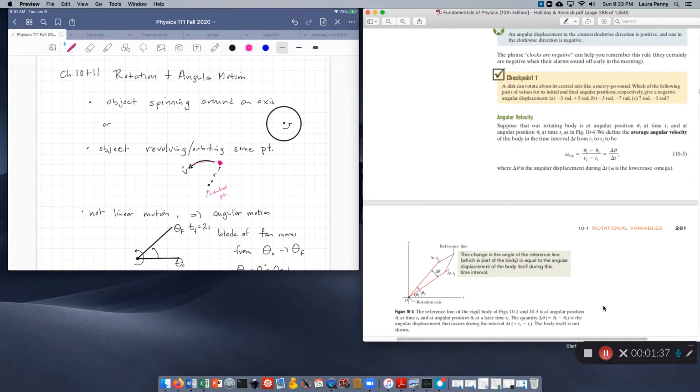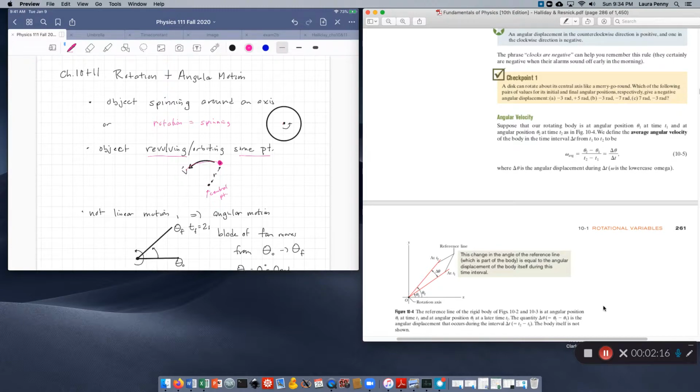So this is a more general case where we just have this object, and it's orbiting or revolving around some point. So rotation, technically, in a physics way, is spinning, where you'd be spinning around some axis which is inside of your body, whereas revolving is closer to what we think of as orbiting, where you're going around some axis which is outside of the body of the object, right?